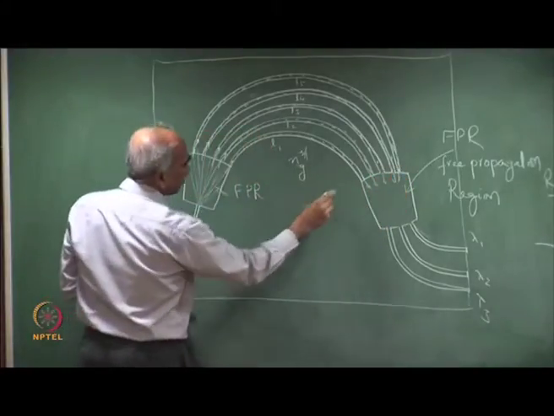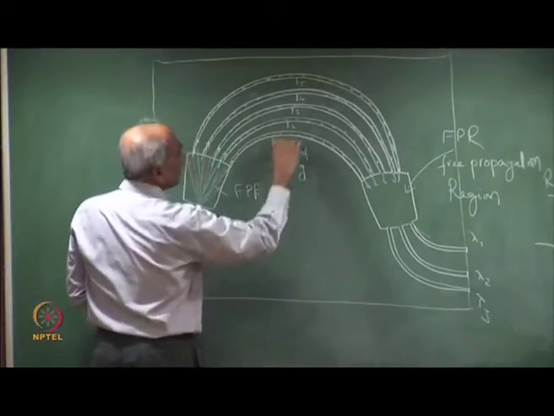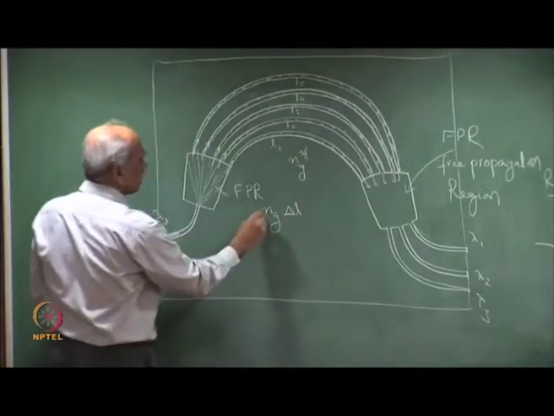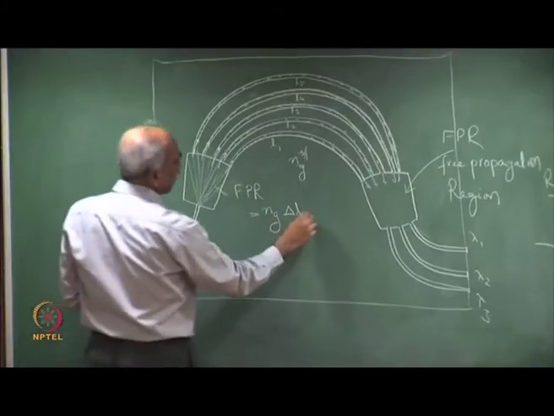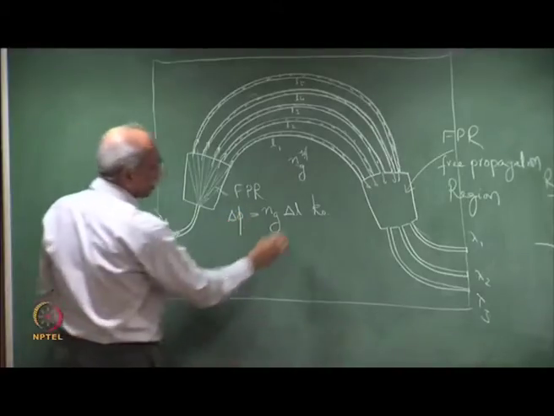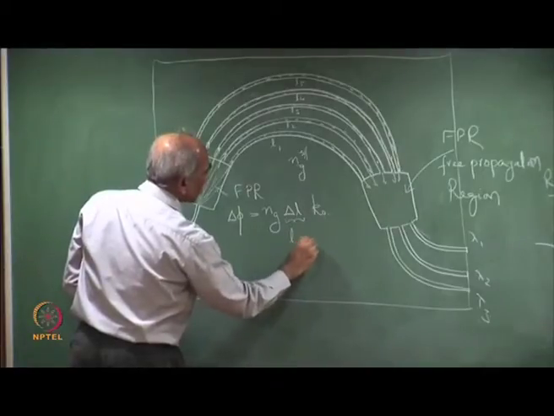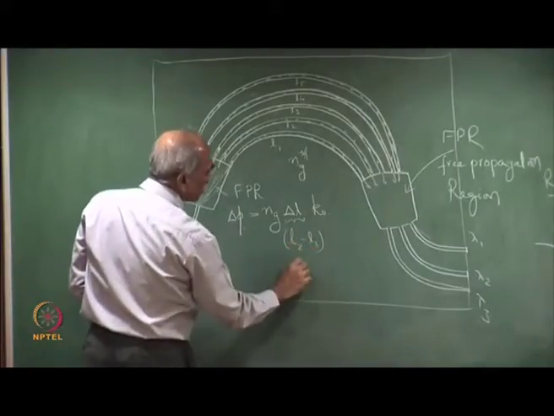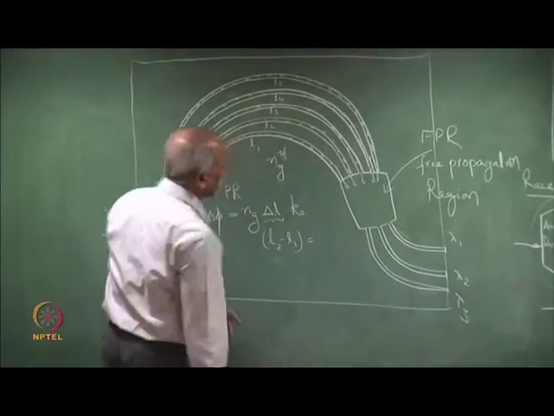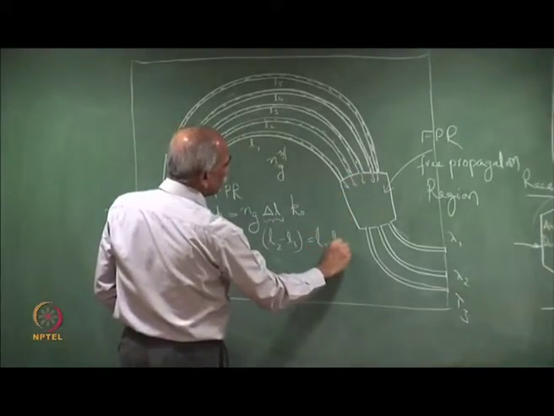The path difference is delta L; delta L times N g multiplied by k naught will give you delta phi, the phase difference. So, this delta L corresponds to L2 minus L1, generally they can be taken such that they are equally separated, or L3 minus L2 and so on.